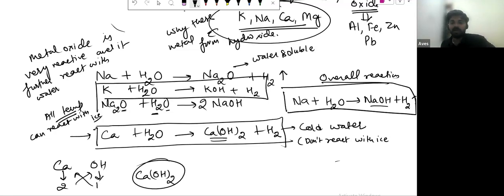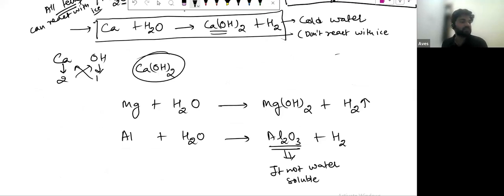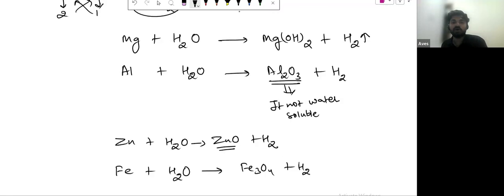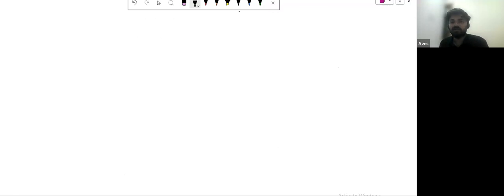Now moving to the next portion, we are just going to finish the class, but just take 2 or 3 minutes. Let me write here the conditions for how each metal reacts: potassium, sodium, calcium, magnesium, aluminium, zinc, iron.